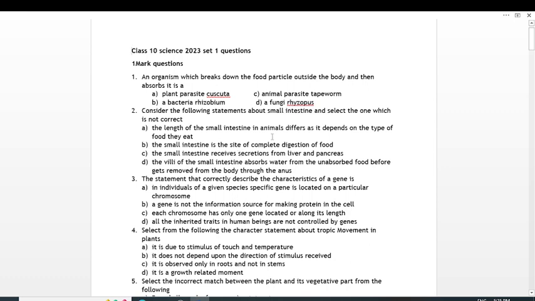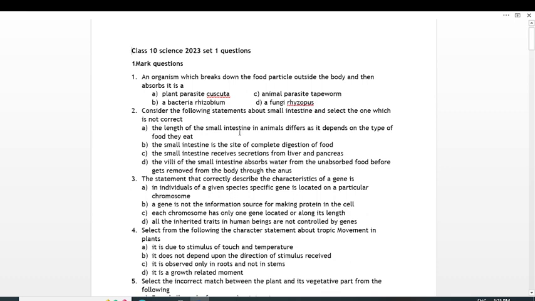So they release some chemicals, and with the help of the chemicals they decompose the organic matter and absorb the nutrients. See, the other organisms are directly taking nutrients. They are not doing the decomposition, or they are not breaking down the product outside.